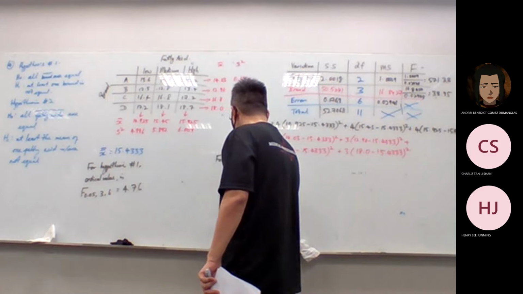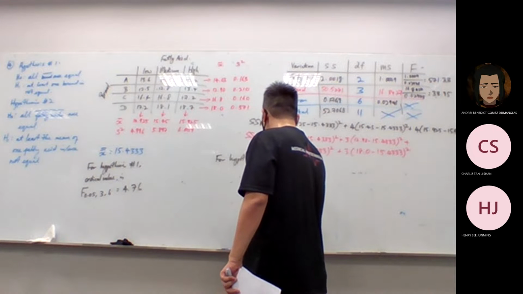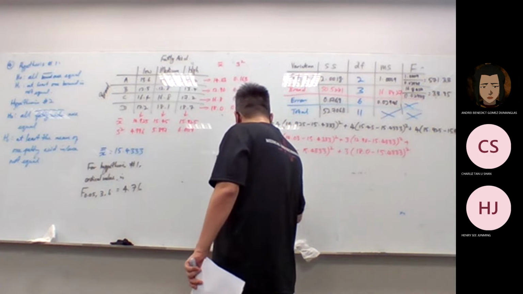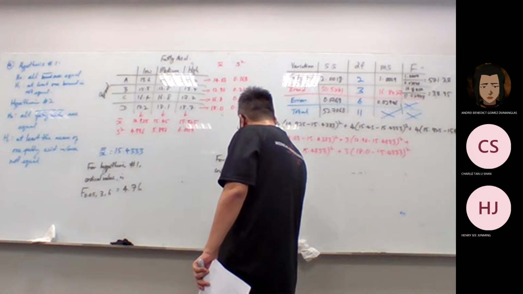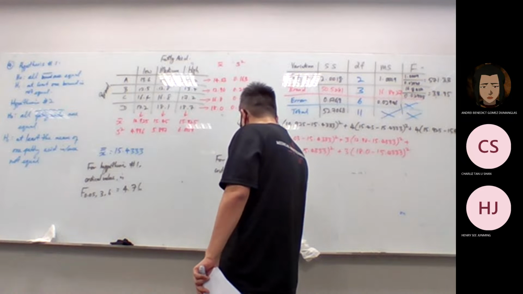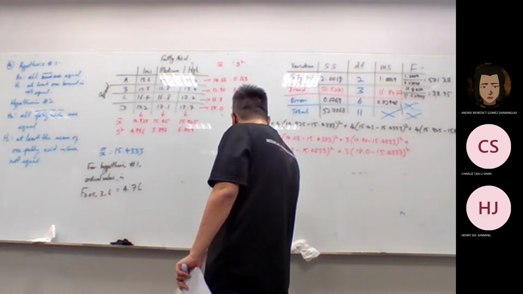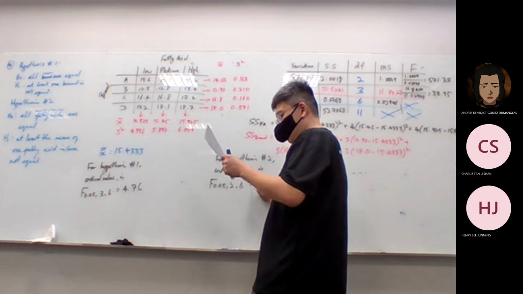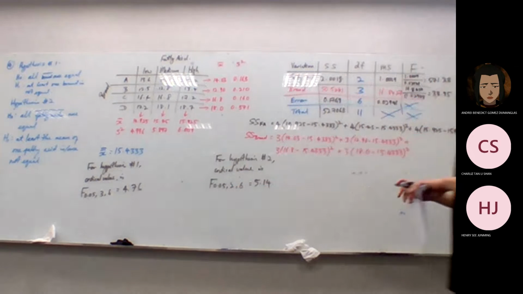Now for your hypothesis 2, and 6. That gives you 5.14.